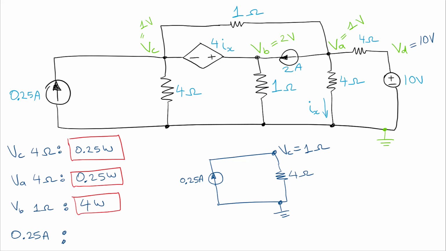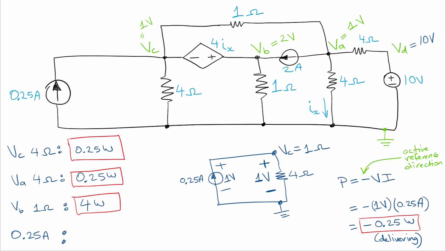We have the ground reference node at the other end of the 4 ohm resistor, so we must have 1 volt across that resistor, okay, in the orientation shown with plus on the top and minus on the bottom. So now, since the current source is in parallel with that resistor, we know that there is 1 volt across the current source as well, okay? And that's because they're in parallel.